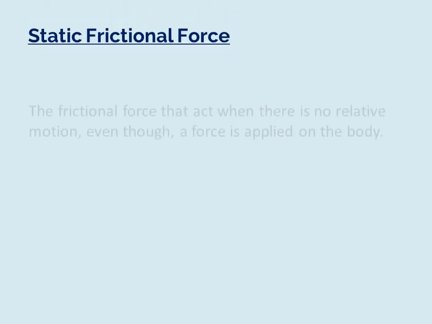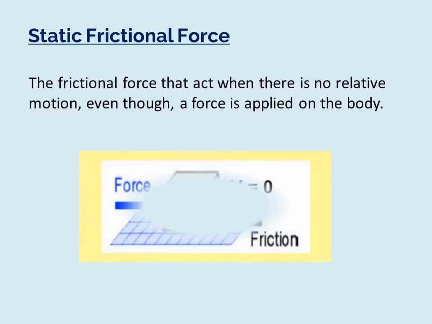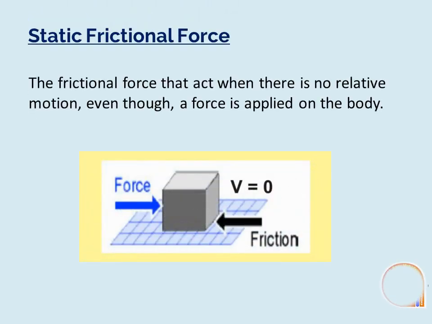Static frictional force. So what is this static frictional force? You see here, there is an object kept on two surfaces. A force is applied over the object, but the object is not moving. Still it is at rest.